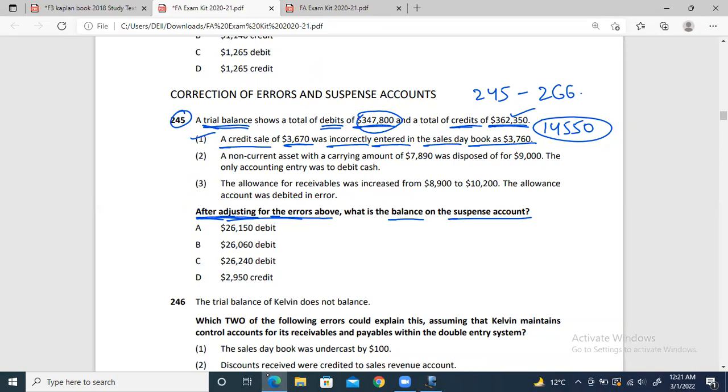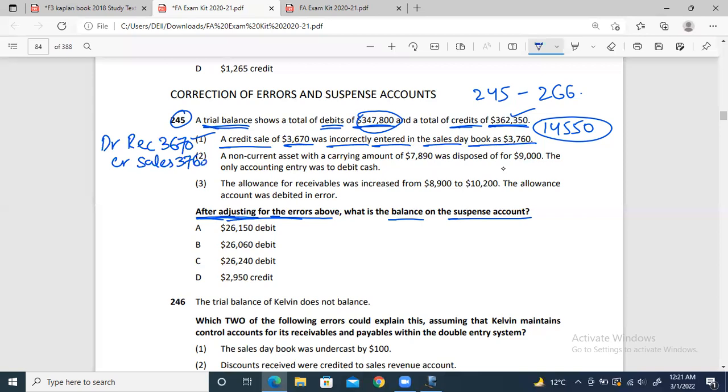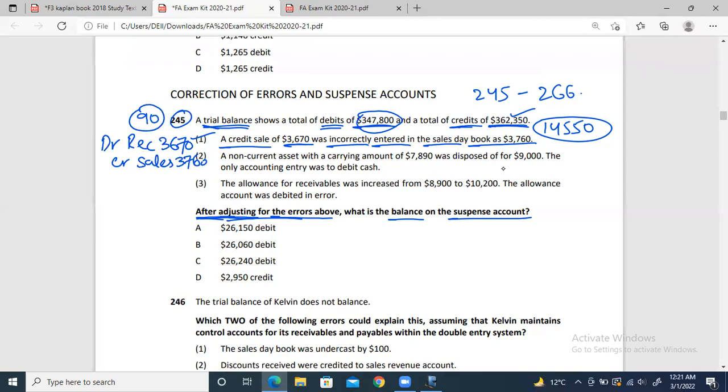Probably the receivables were written correctly, because debit receivable was 3670, and credit sales were done as 3760. So there is a difference between them of $90. Let me check again. 3670 minus 3760, yes, that's $90 different.